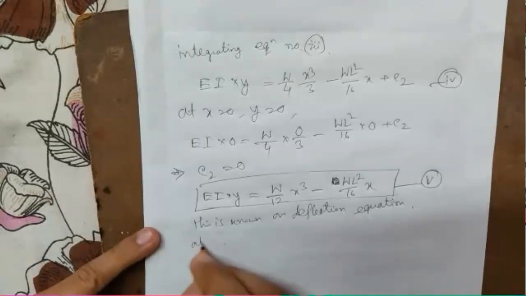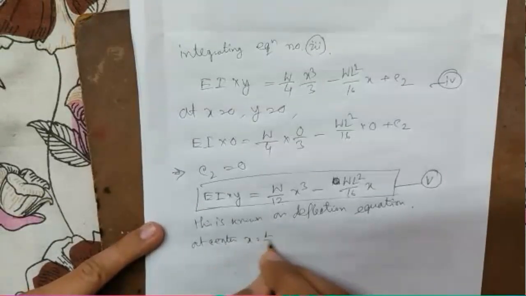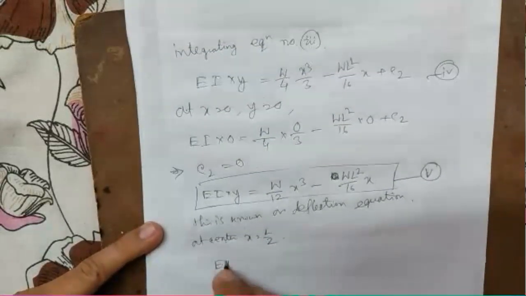At the center, x equal to L by 2, putting it in here, we get EI into YC equal to w by 12 into L by 2 cube minus W into L square by 16 into L by 2. Finally from the equation we will get y is equal to minus WL cube by 48 EI.